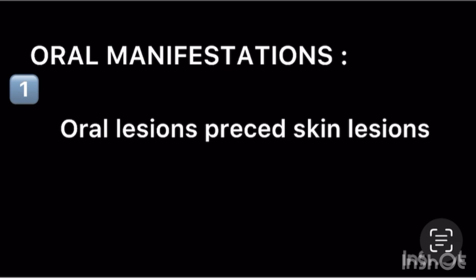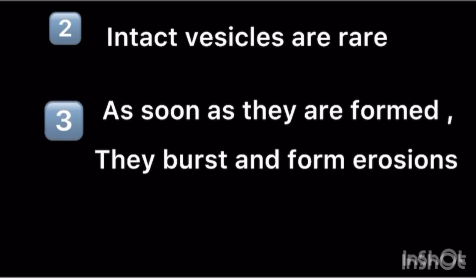Oral manifestations always precede skin lesions. Oral manifestations are seen before any skin lesion can be seen. Intact vesicles are rare, meaning they do not remain as they are in the mouth. They rupture as soon as they are formed, and they form erosions.